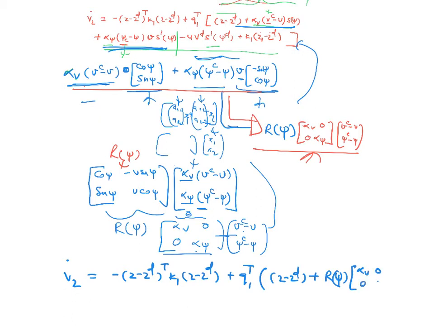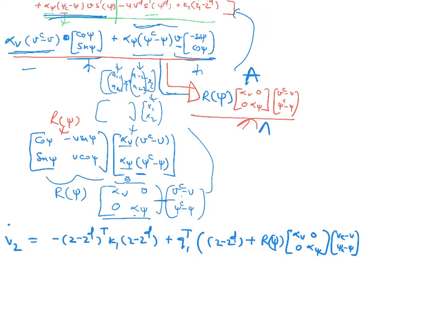You could have written it like gamma or something like that, and v commanded minus v, psi commanded minus psi. So it separates out the unknown parameter multiplied by the control input.